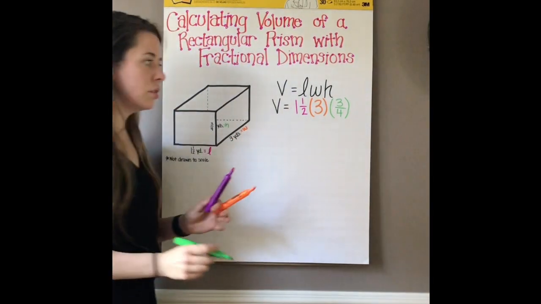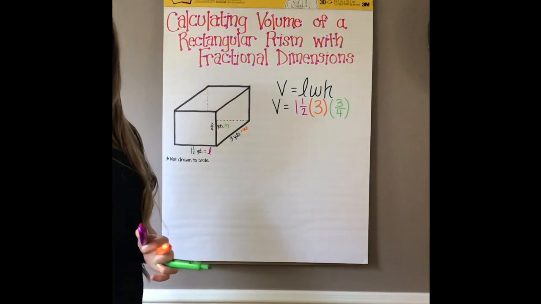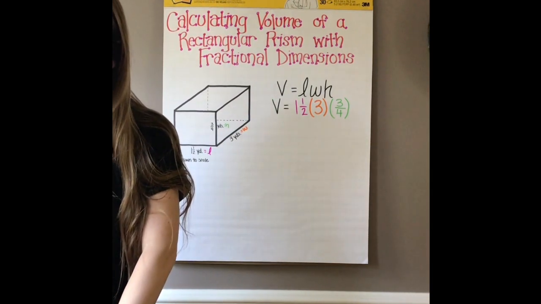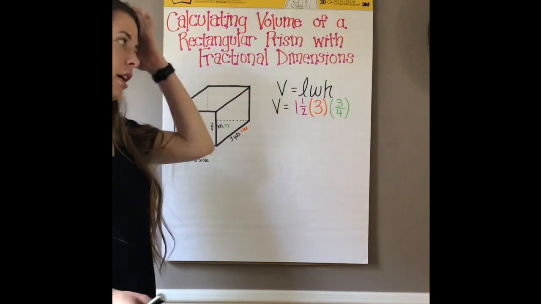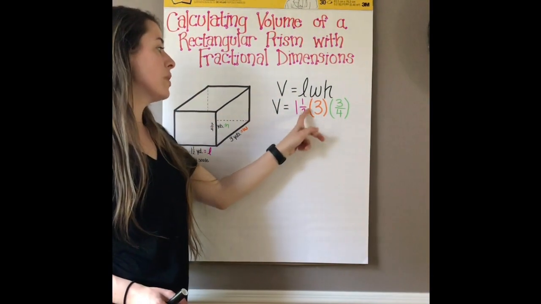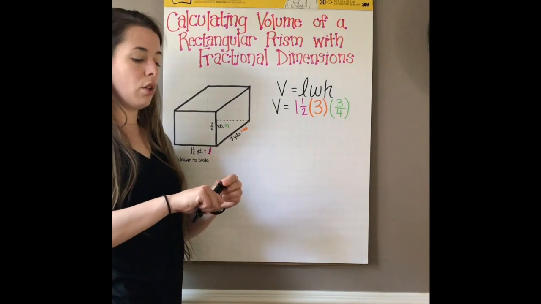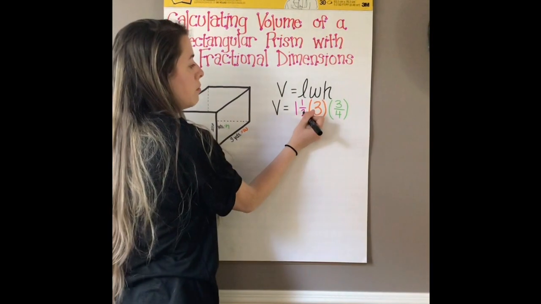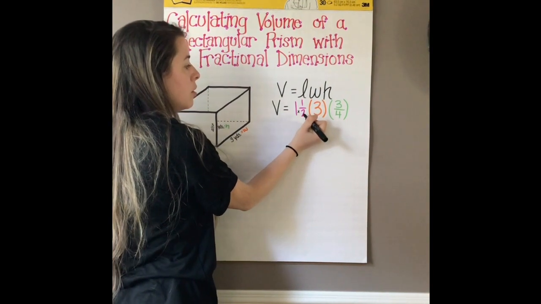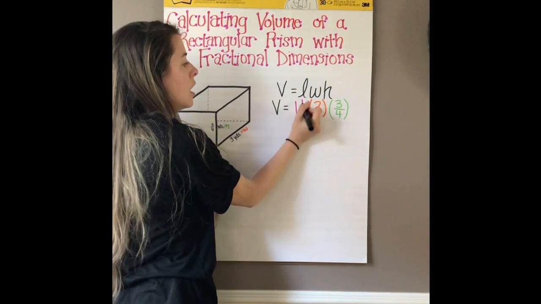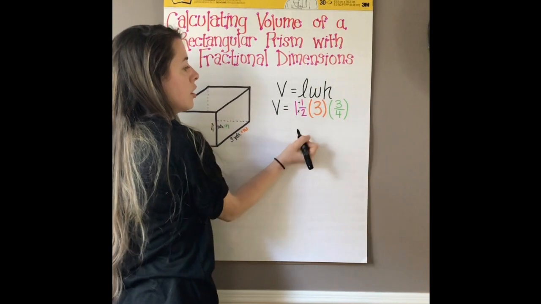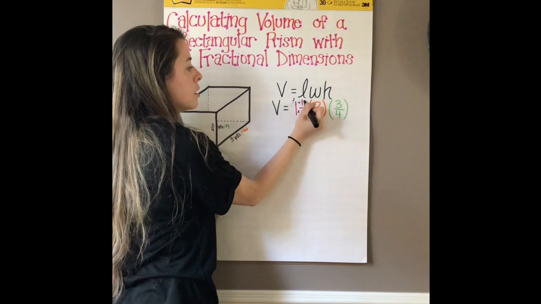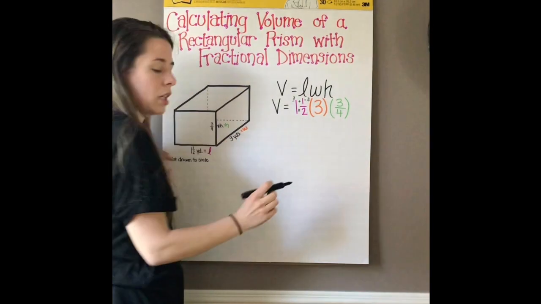So in order to multiply these values together, we're going to have to change them a little bit so that they all look like a regular fraction with a numerator and a denominator. So here I have a mixed number. To make it look like a fraction, I'm going to multiply the denominator by the whole number, so 2 times 1, and I'm going to add the numerator. 2 times 1 gives me 2. 2 plus 1 gives me 3.